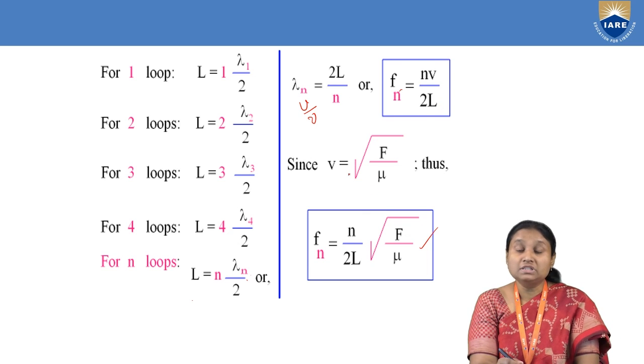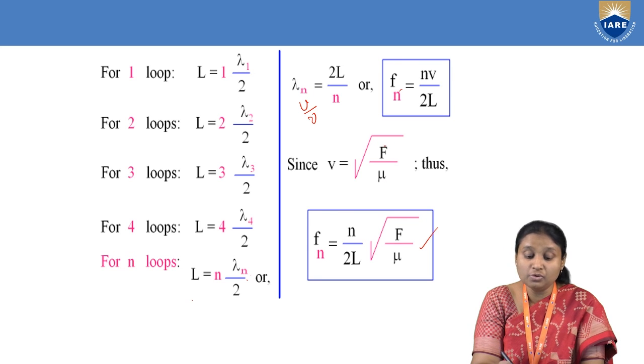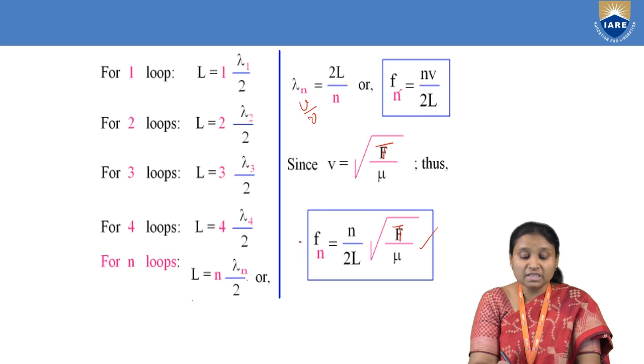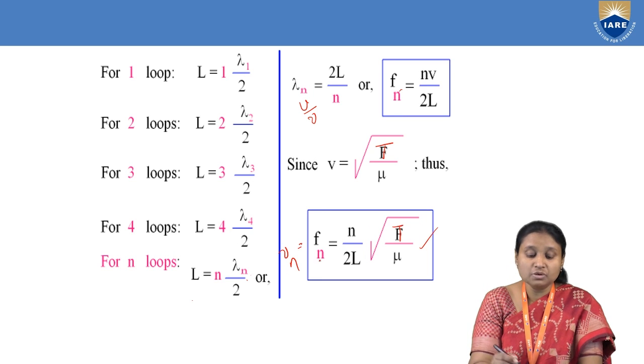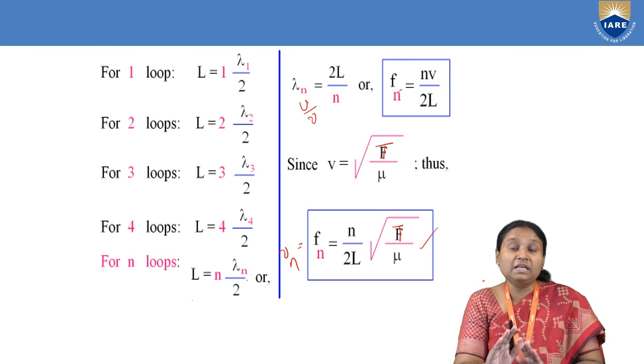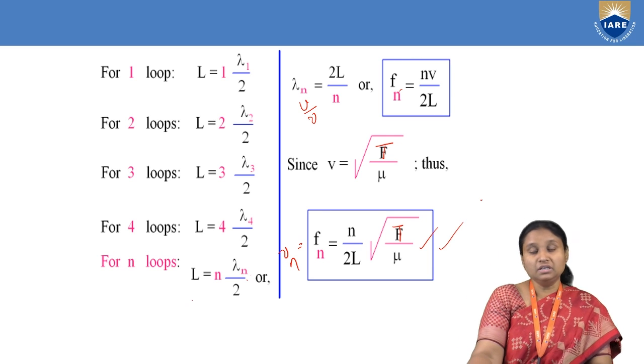But we know that the velocity of waves through a string is given by the square root of T by mu, that is, tension by linear density. So finally, frequency comes out to be n by 2L square root of T by mu. So what we have done is, by taking length, and based on the number of loops formed, we get the frequency of vibration of the string.